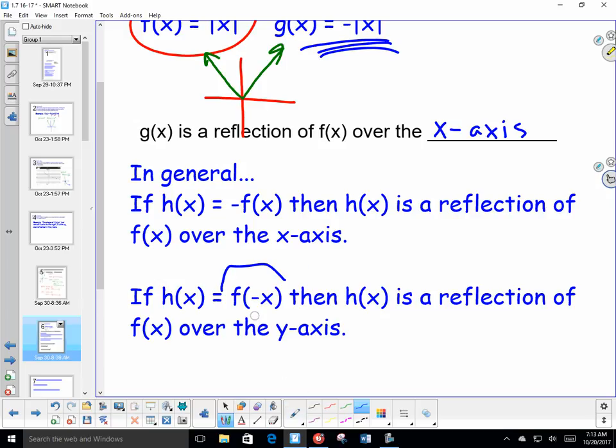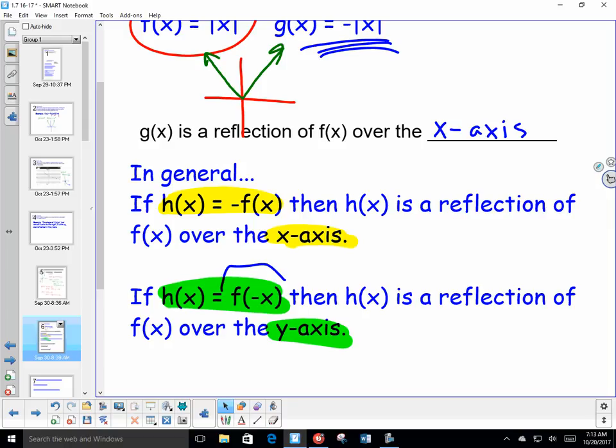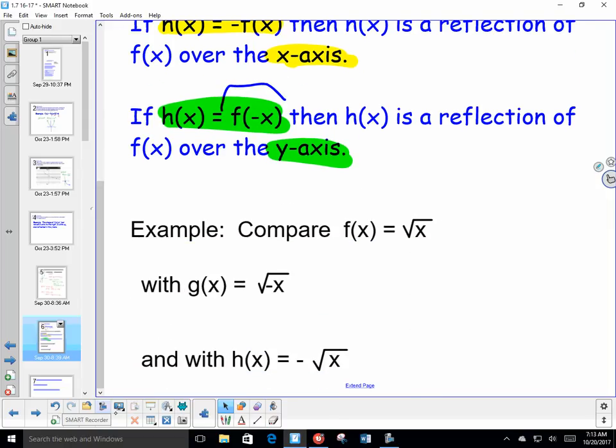So hopefully you're following along here. If h of x equals the opposite of our function, then we're going to have a reflection over the x-axis. And if h of x is equal to f of negative x, then it's a reflection over the y-axis. All right, so we just did these. We just compared these on our graphs. So hopefully you remember what happened.